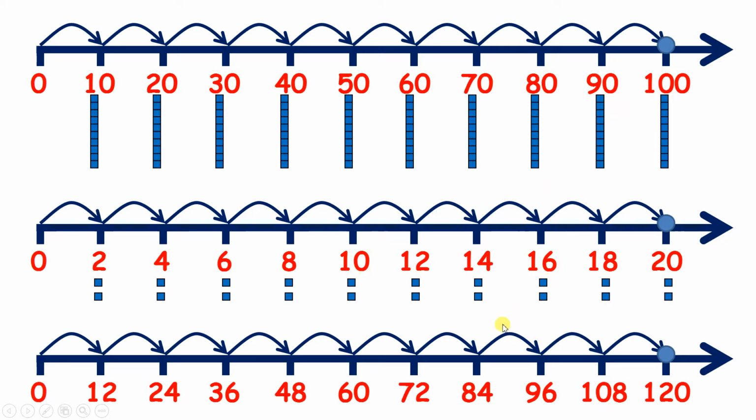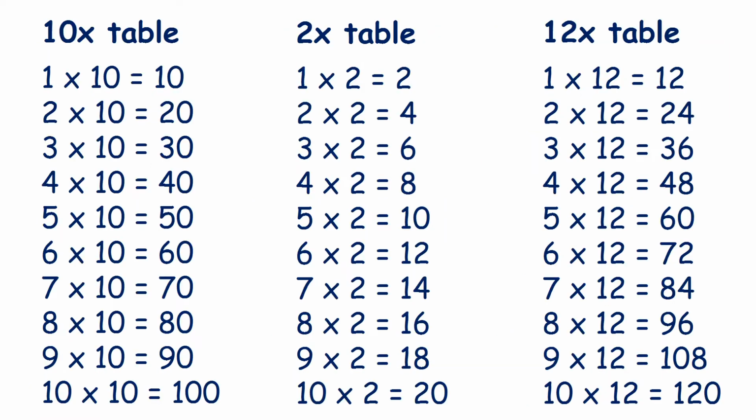So if you want to work out 12 times a number, you can work out 10 times and 2 times, and then add those together to get 12 times. So the 10 times table plus the 2 times table equals the 12 times table.